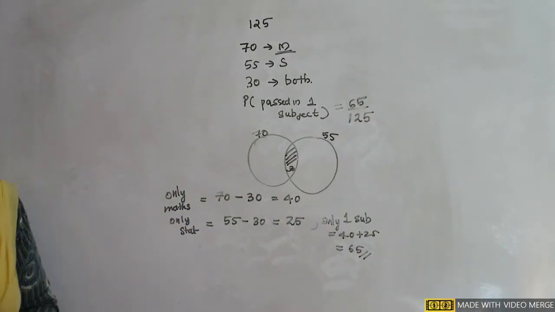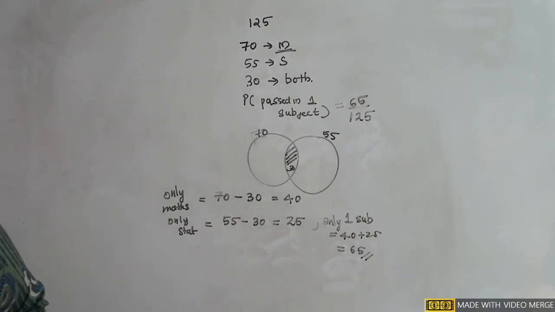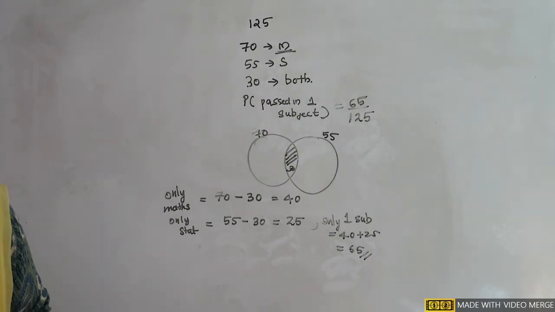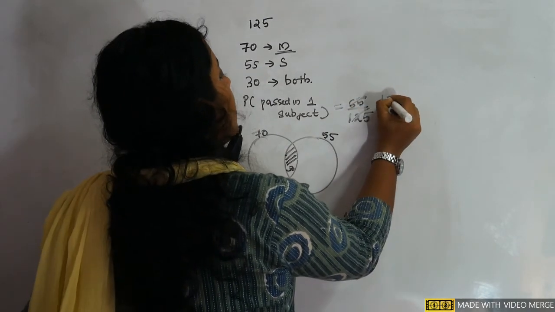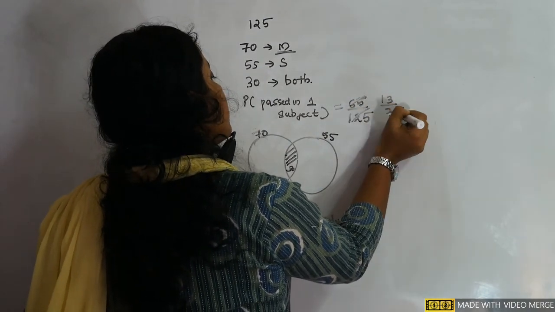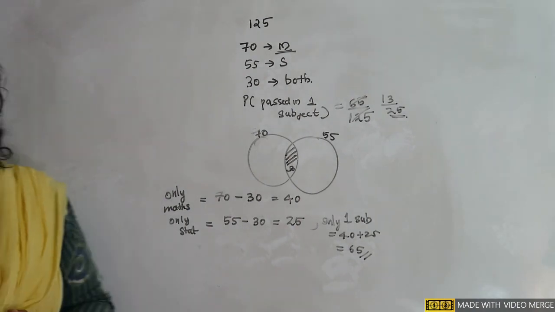So 65 divided by 125 is the fraction of students who passed in exactly one subject. Now cancel, in 5's table, and you will get 13 by 25. So the option is option A, 13 by 25.